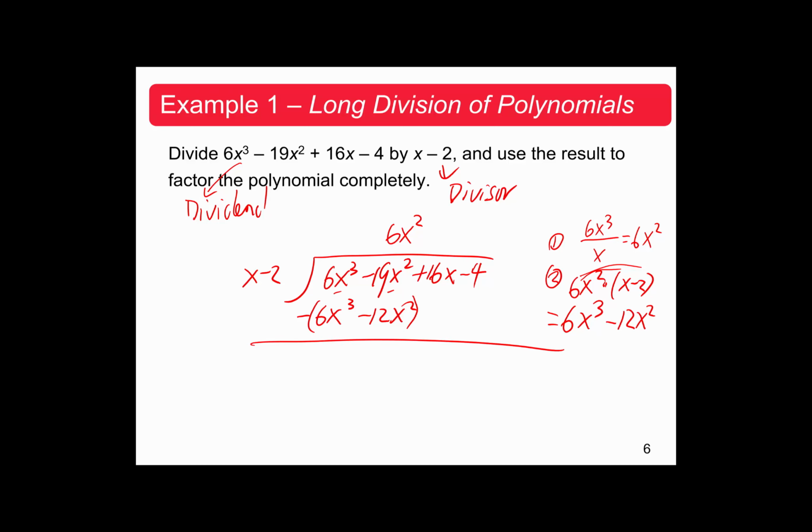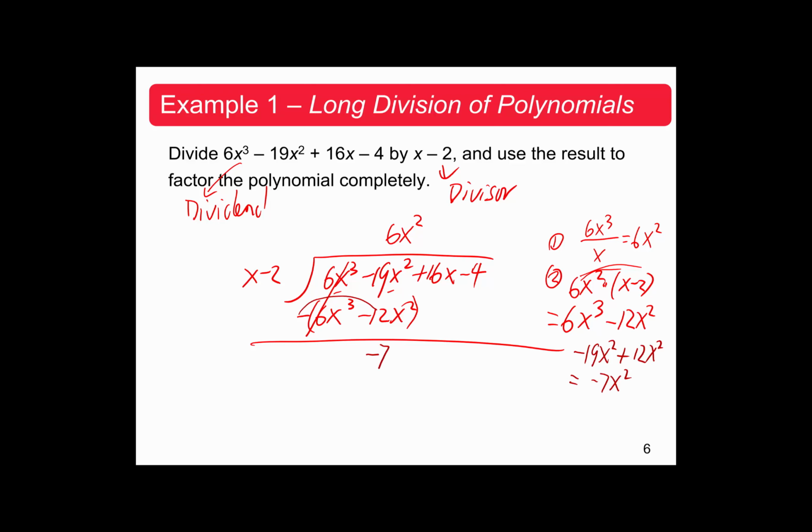Now you simplify: 6x cubed gets cancelled, and minus 19x squared you can put on the side. Minus minus, these two minuses become positive, plus 12x squared. You combine them and get negative 7x squared.